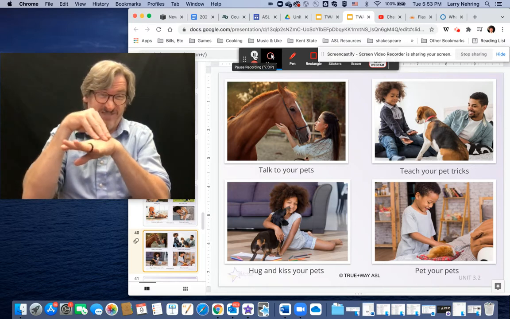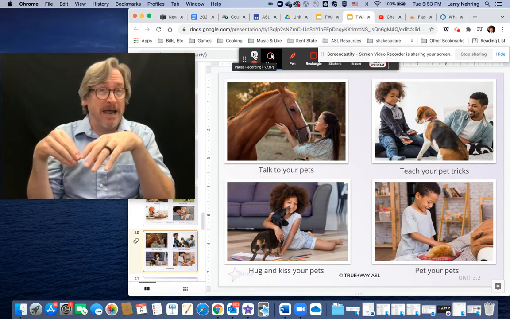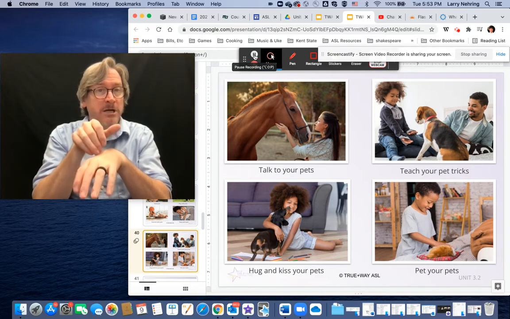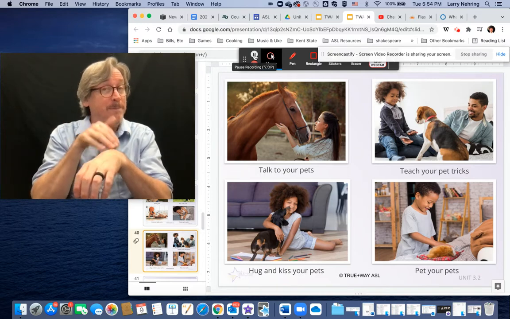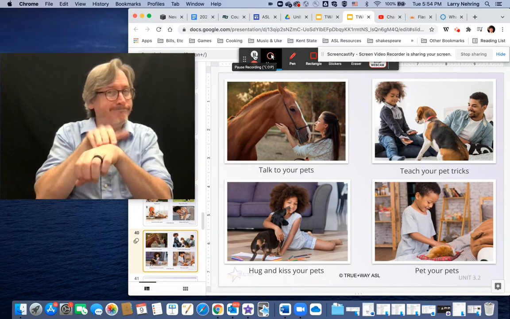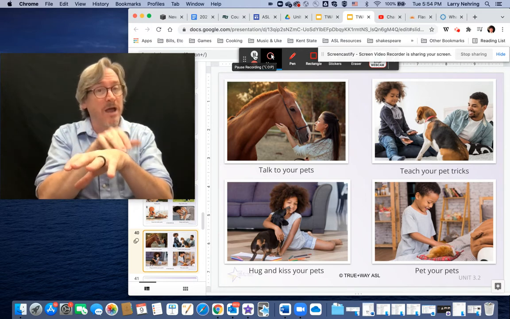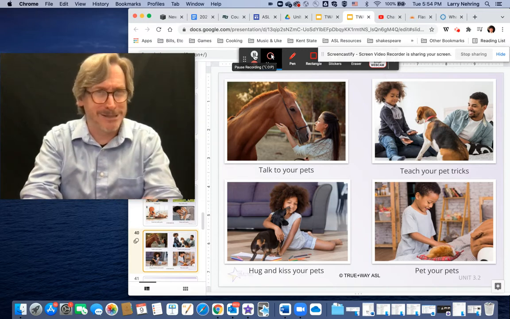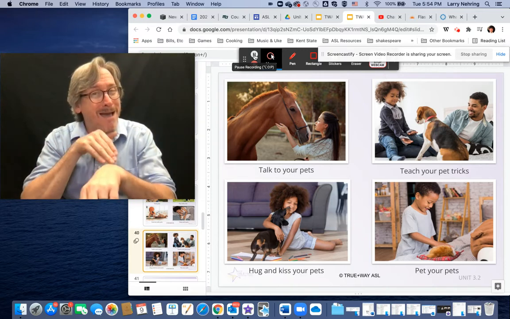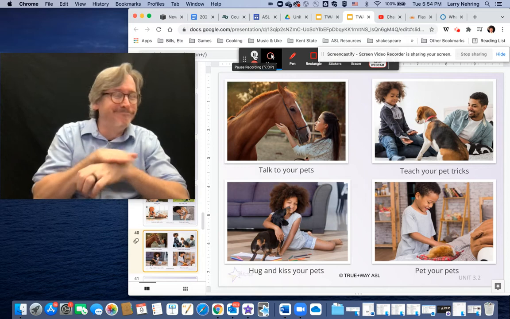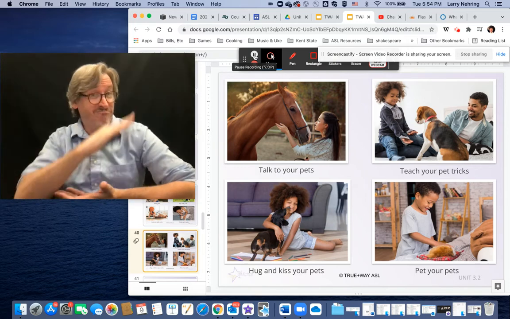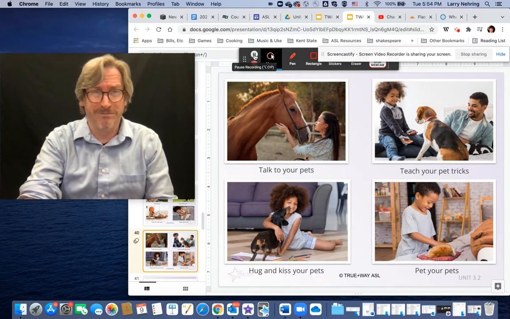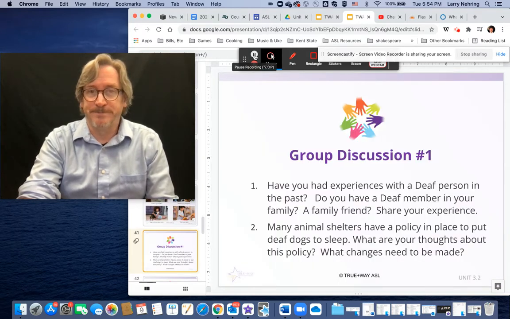Just saying. So kiss their head, and pet. So maybe pet animals. So this is the sign for a pet or to pet. Either way, pet your pets. Or maybe this is more clear. It seems a very awkward construction of English.